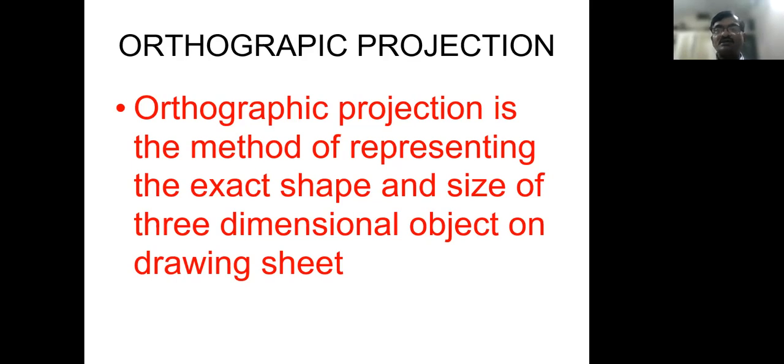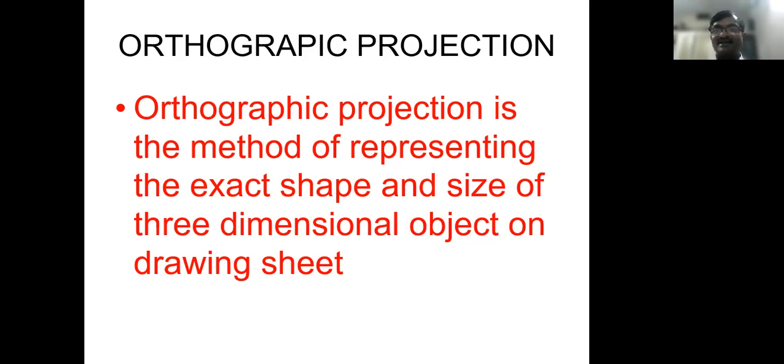So some disadvantages occurred. We cannot get the true shape, the exact shape, in the isometric drawing, and the size also we observed. But orthographic is one of the methods of communicating, representing from one man to another. Therefore, engineering drawing is a language, and these sketches are used to communicate.